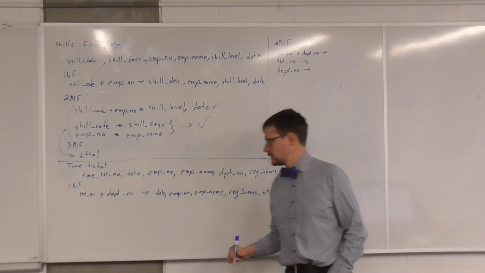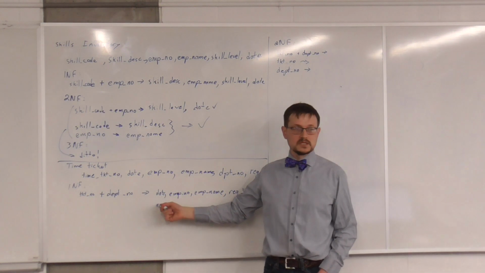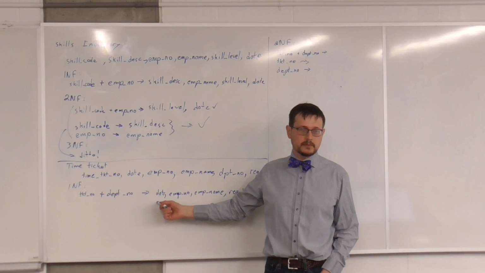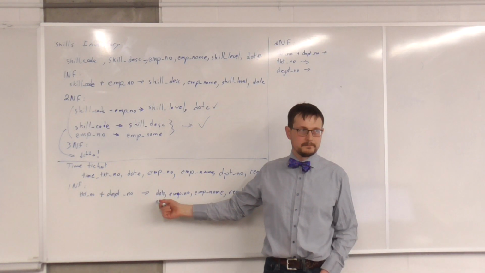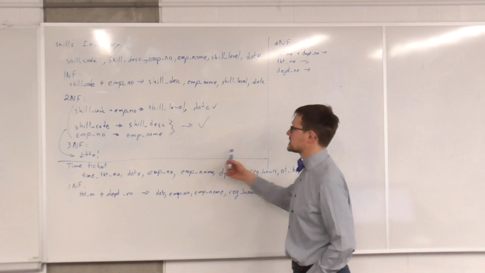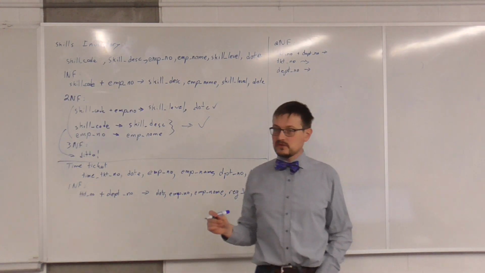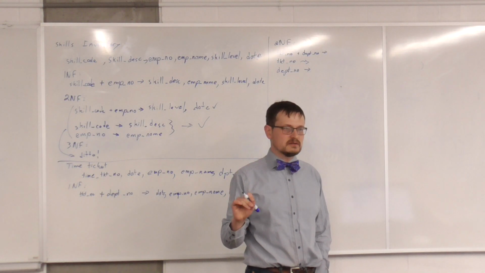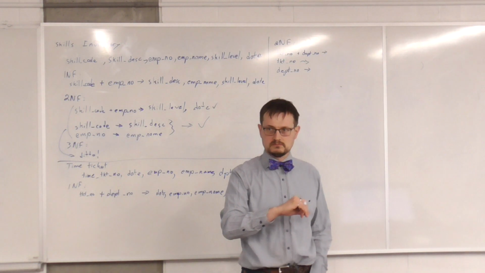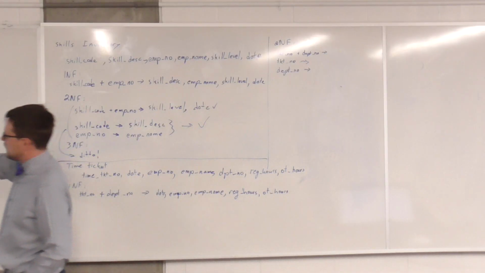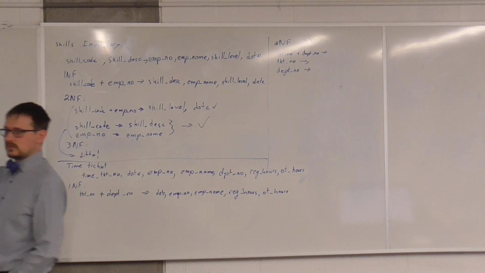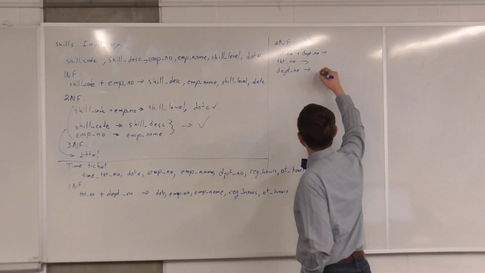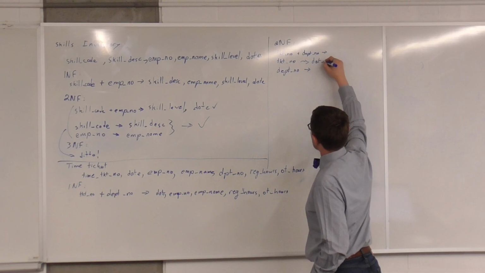So consider date. Is date dependent on ticket number? Yes, it is. And remember that dependency means it does not vary when the other one doesn't vary. So the date is constant for a constant ticket number, so date applies to ticket number.